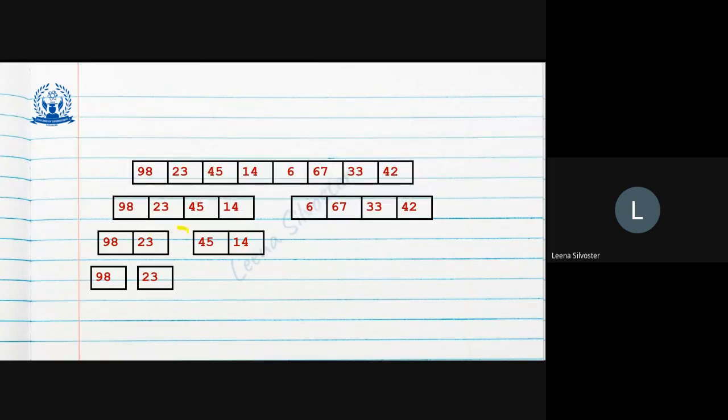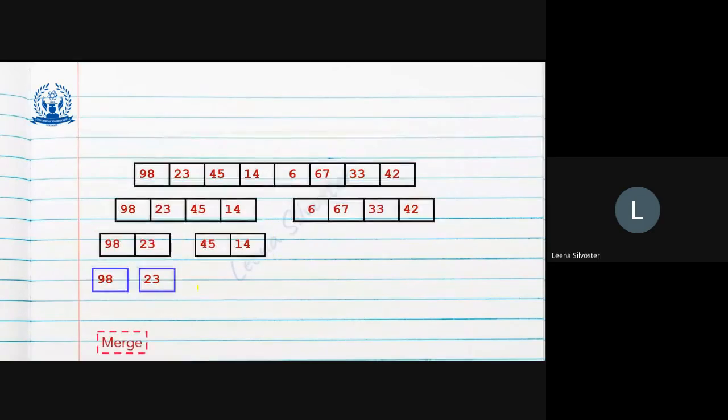This set is divided into 2, and this set is also divided into 2. So we will get sets with a single element. So the first step is divide. So our technique is known as divide and conquer.